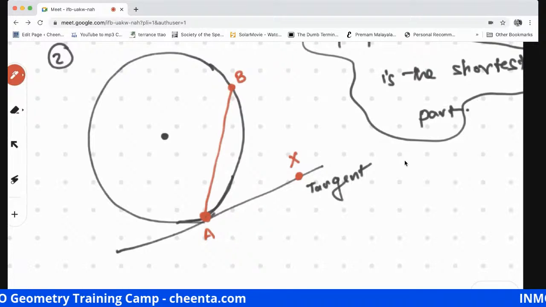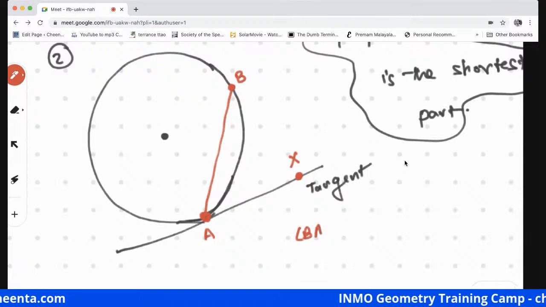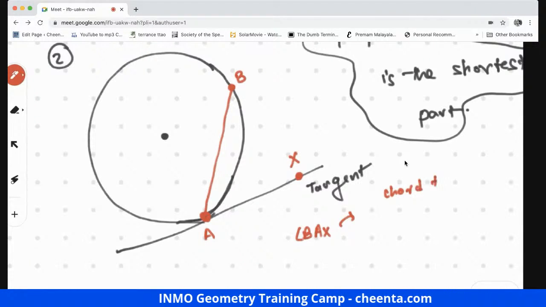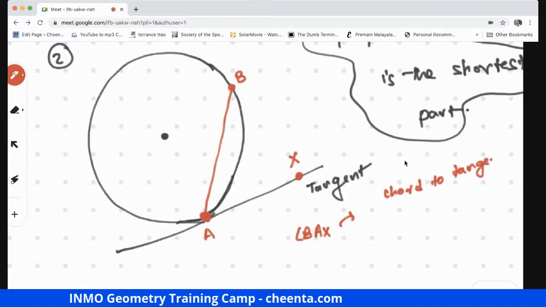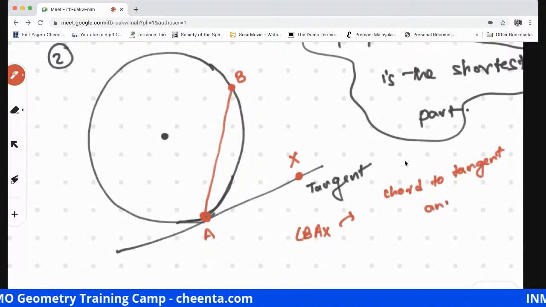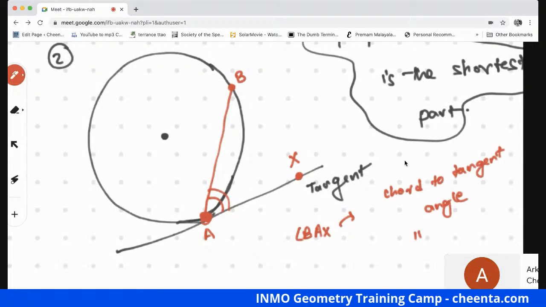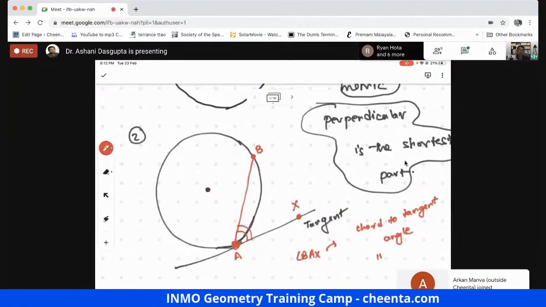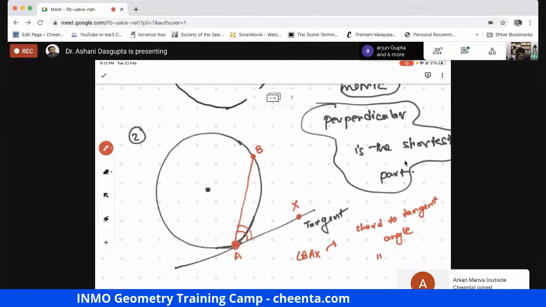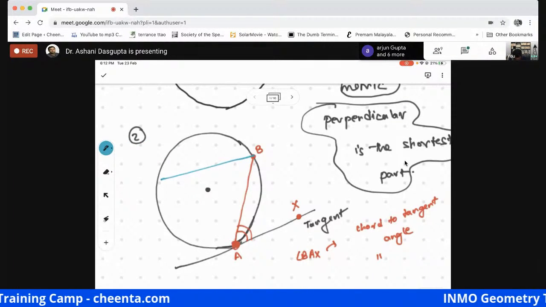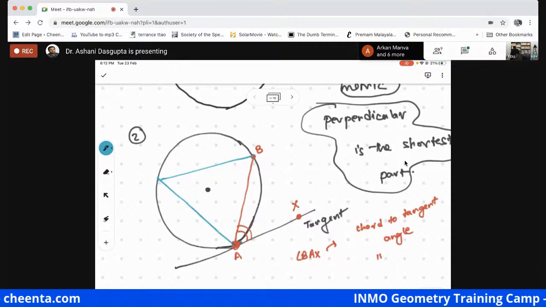Then the property says that the angle BAX, which I remember as the chord to tangent angle, is equal to the angle subtended by this particular chord in the alternate segment. So it's like this.